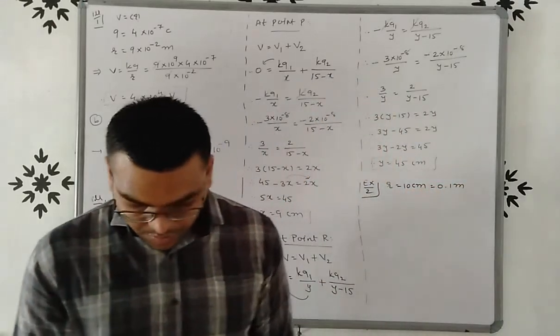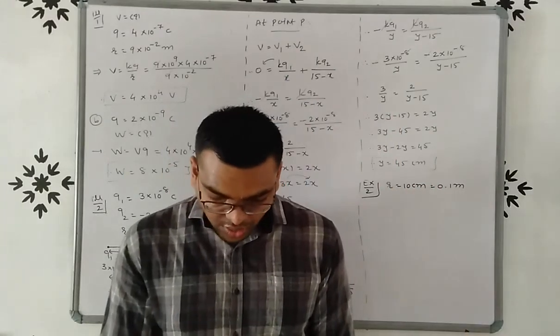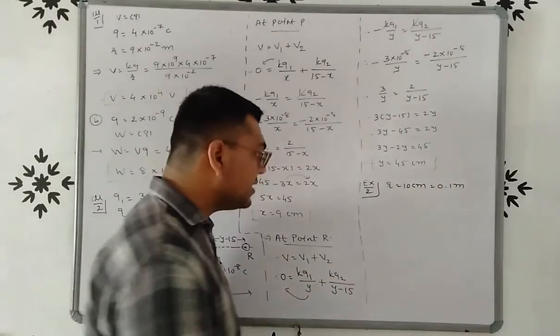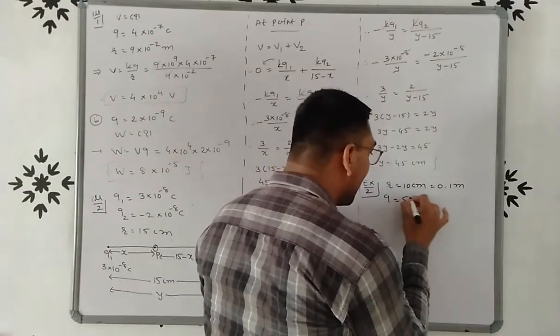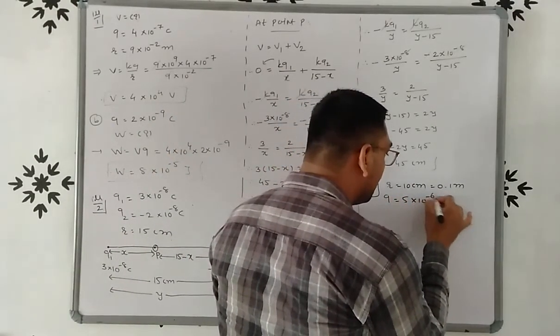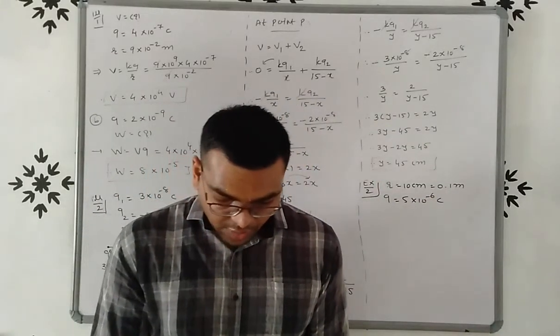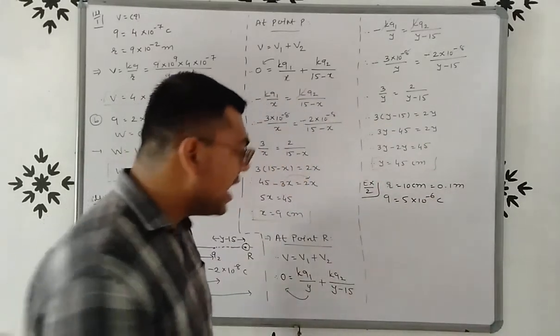The charge Q is 5 microcoulomb, so 5 into 10 raised to minus 6 coulomb. We have to find the potential at the center of the hexagon.